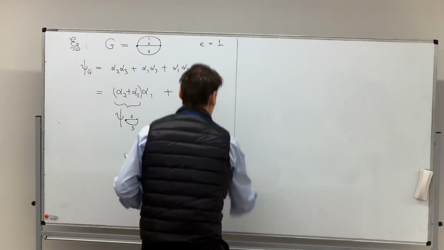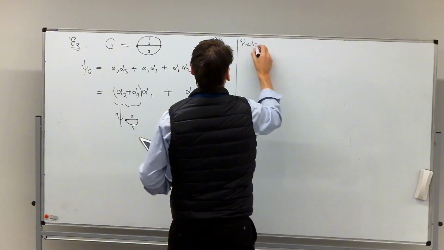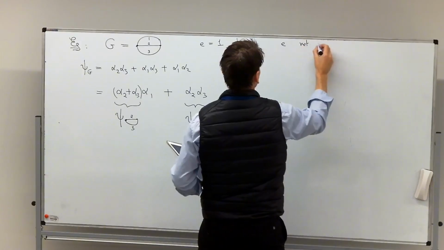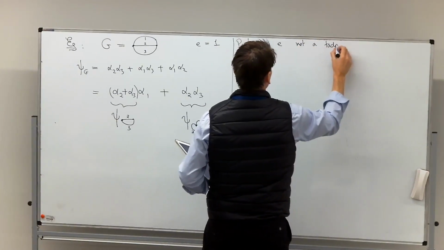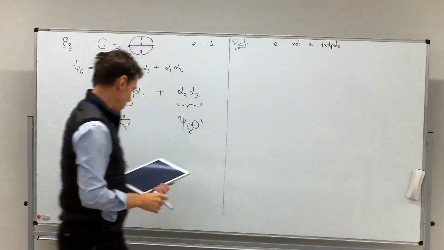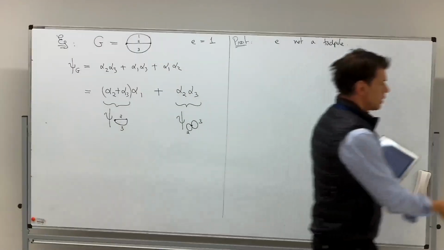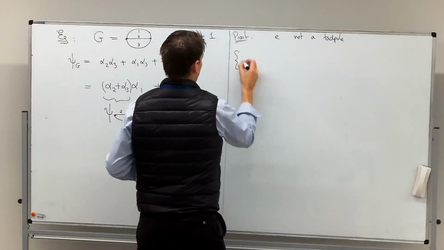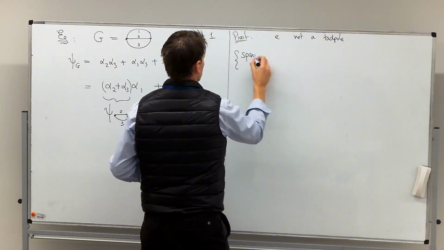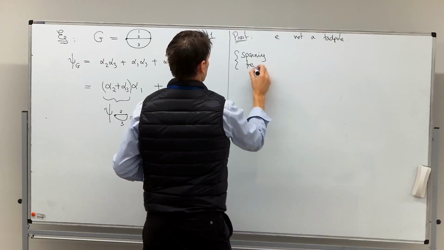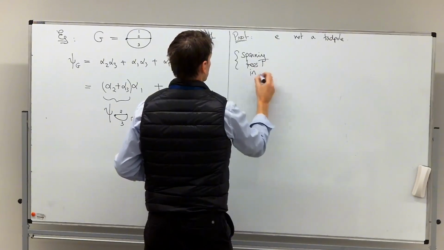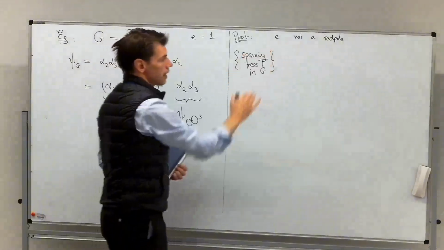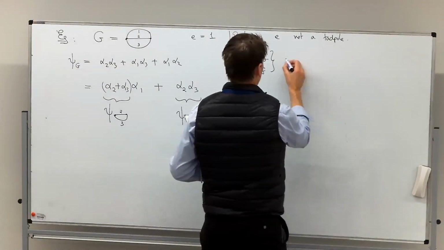So the proof, let's first take e not a tadpole, and we'll see the proof is the same in fact. And so this side is the sum over all spanning trees, and so we look at the set of all spanning trees. And a spanning tree either contains this edge or it doesn't.